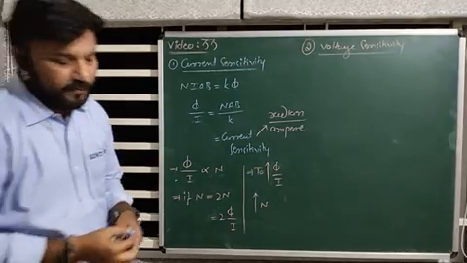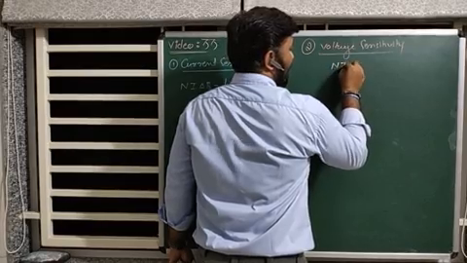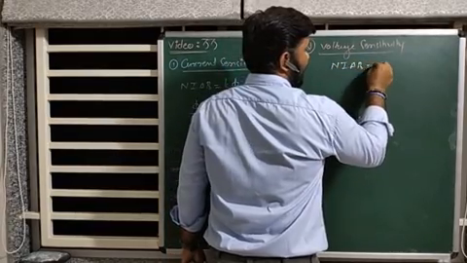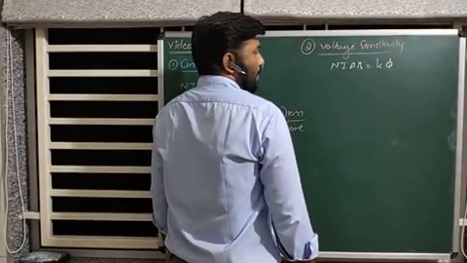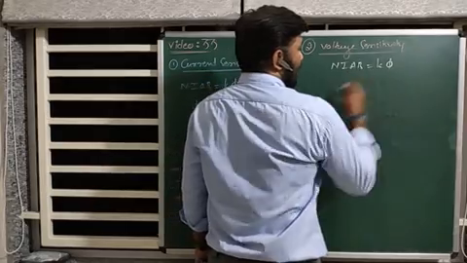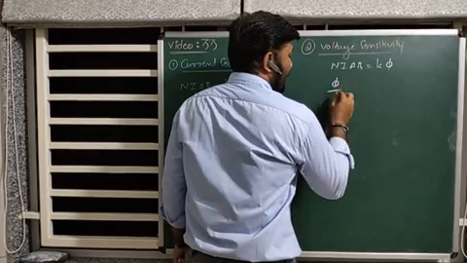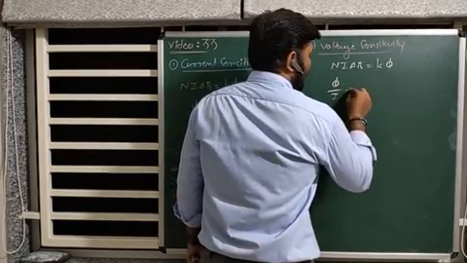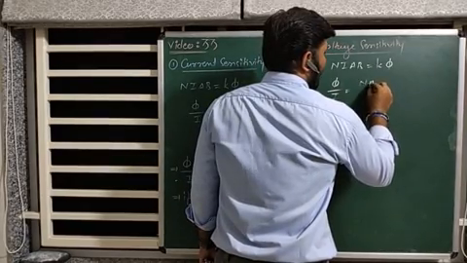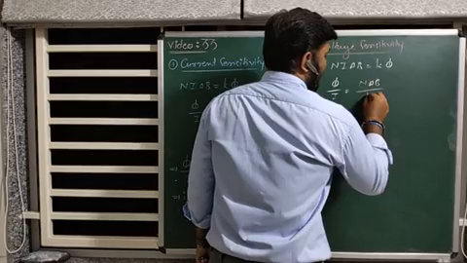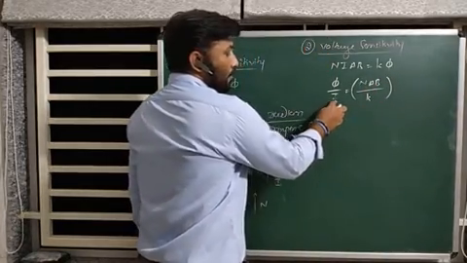Again, the same equation we have to take, that is N I A B is equal to K phi. Okay, take I on this side, take K on this side, we will get phi by I is equal to N A B by K. But here, what we have to bring?